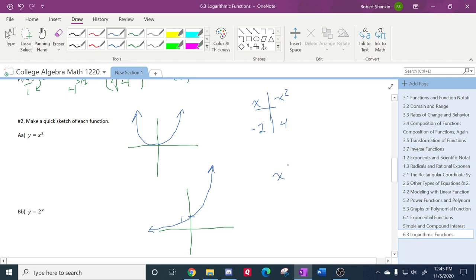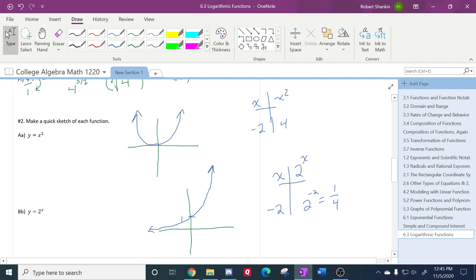Why is the left half way close to the x-axis? Because you're getting smaller and smaller fractions. That's why you get closer and closer to the x-axis.